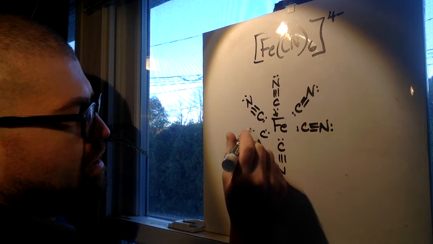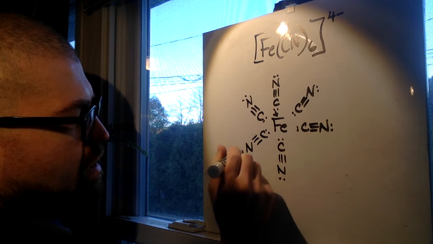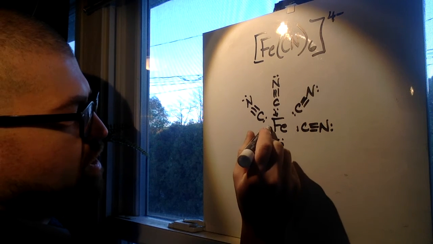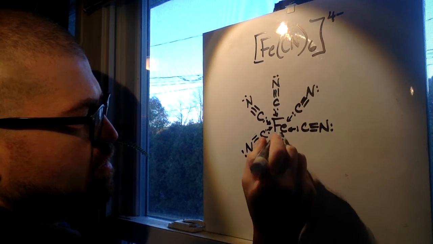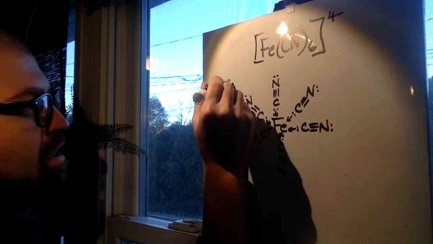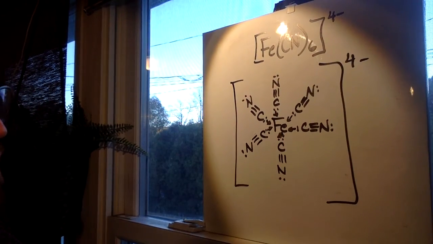And again, if you notice, I'm drawing it in an octahedral-like formation, and then we draw our arrows, right, and put the bracket and say 4 negative, okay?